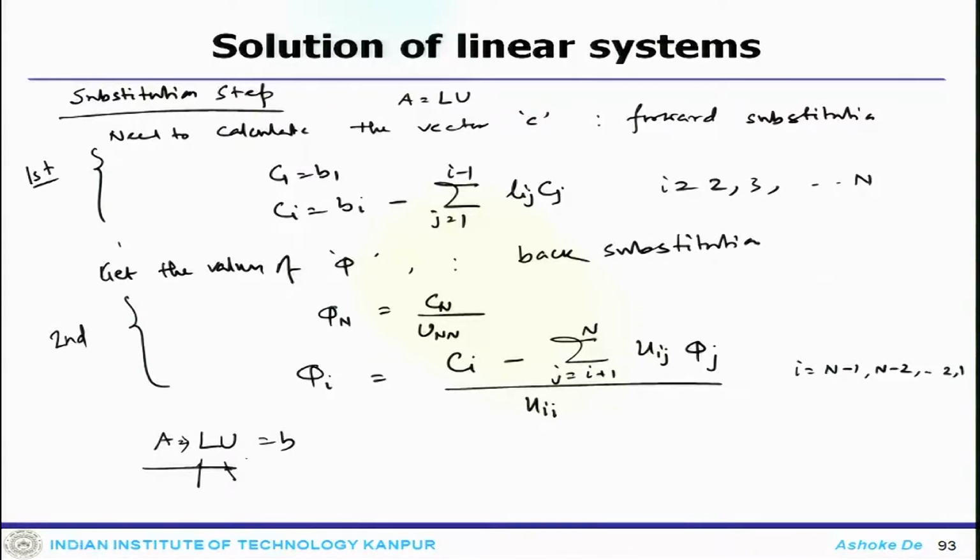The number of operations required for LU factorization of an n by n system is 2n cubed by 3, which is double the operation required to solve through the Gauss elimination process.